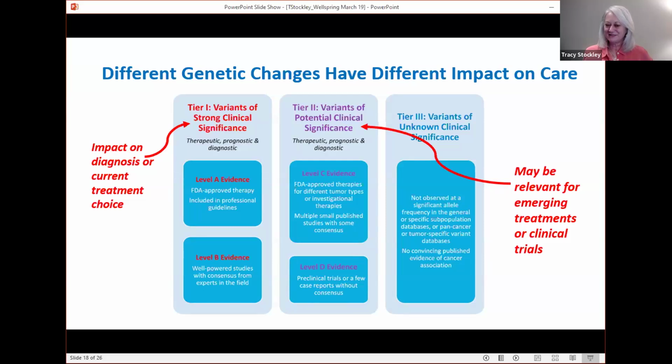Because often these are variants that we know might be important because there's early research out there, or other drug development going on that we might know about. And so these might actually impact your eligibility for clinical trials. So that's also a very important thing to talk about with your oncologist: do any of your test results, anything about your cancer, give you the opportunity to participate in a clinical trial if you're interested in that.